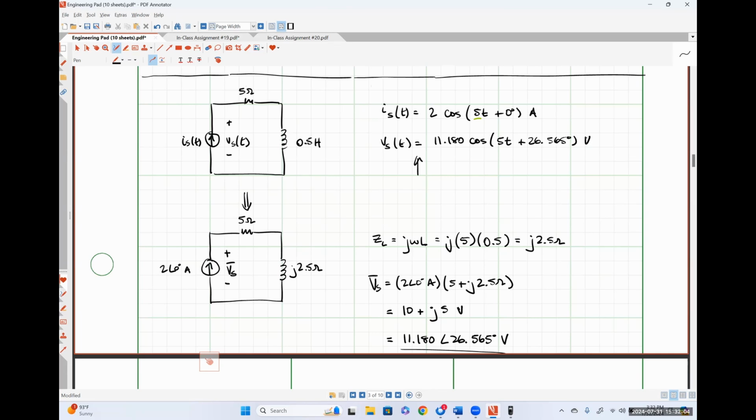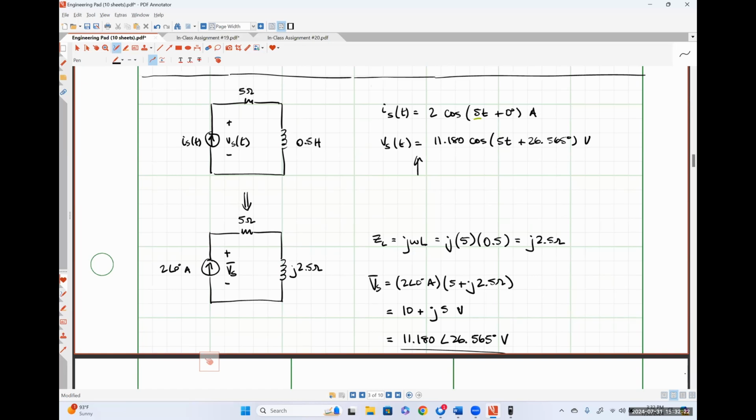Exactly right. So we just fully analyzed our first circuit in the frequency domain. And I hope you guys can see that by using phasors and impedances, it is much easier than any other way we've tried to tackle this thing.